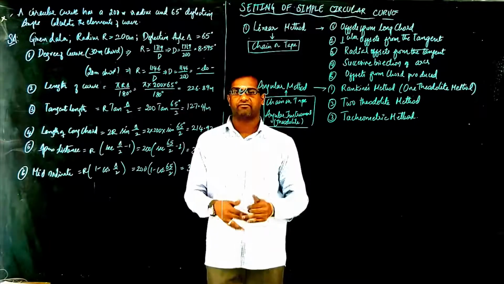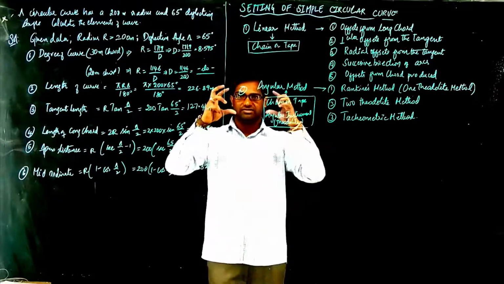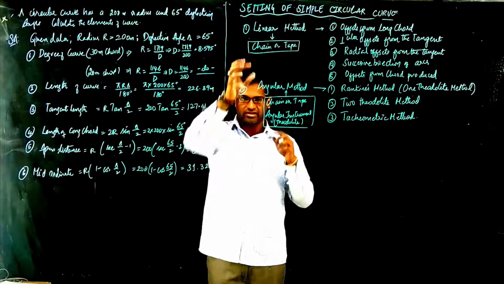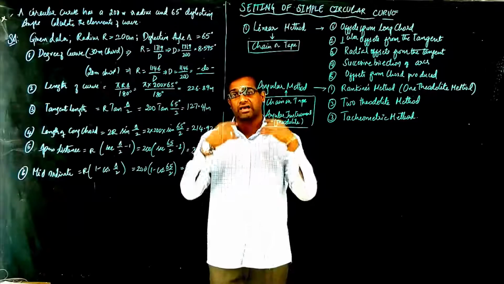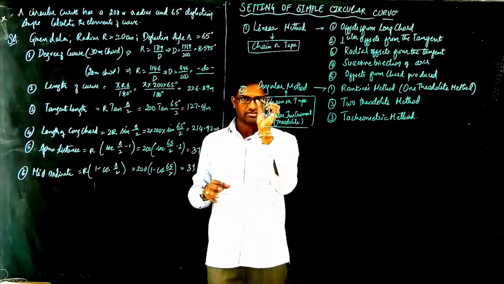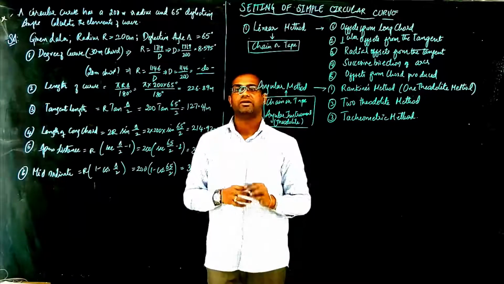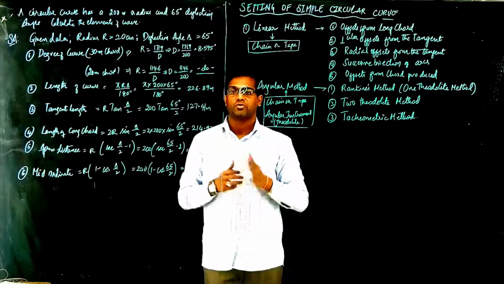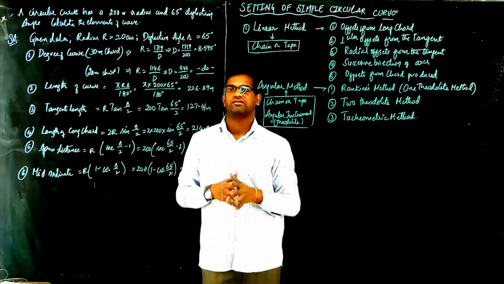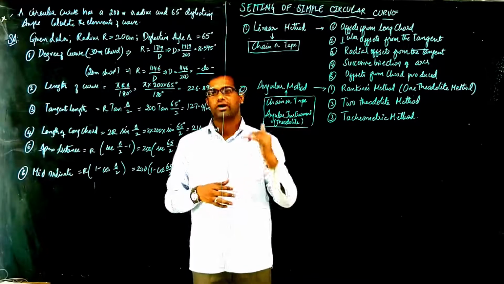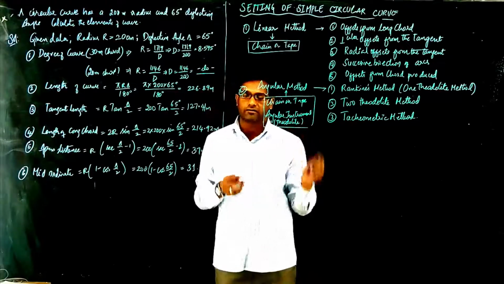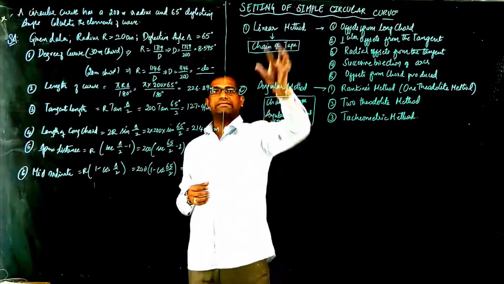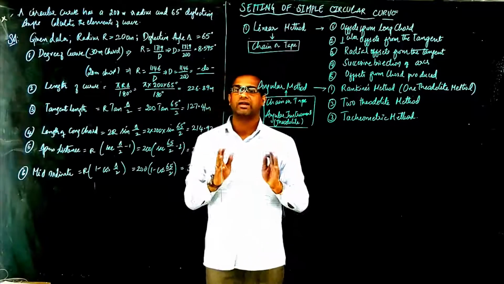You can set up a line and fix the next line, and you can set as many intermediate points as you like, as far as your visibility is good. When you have a change in direction, there are two kinds of methods to plot the curve on the ground. One is the linear method, second is the angular method.